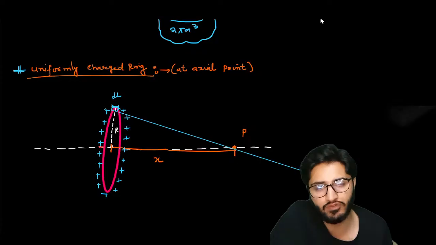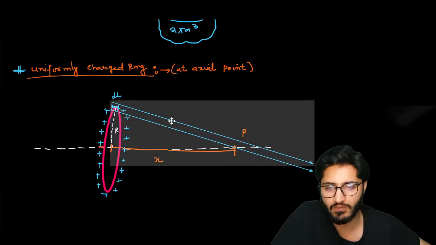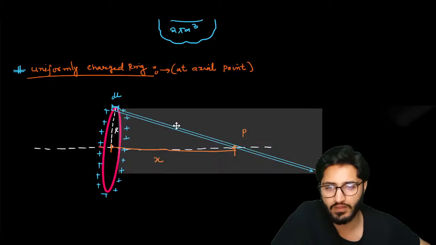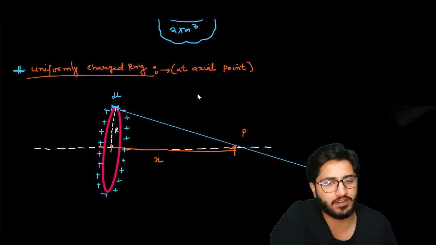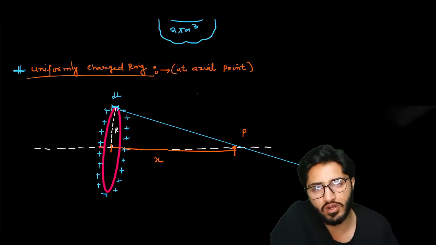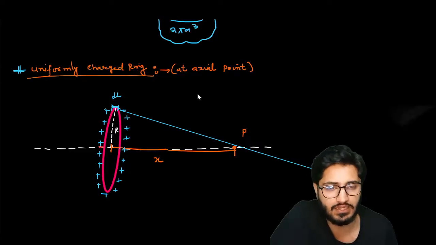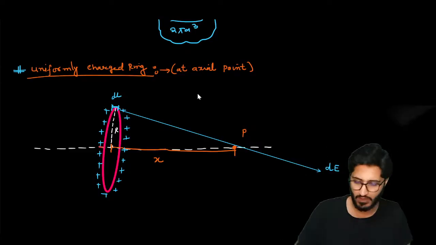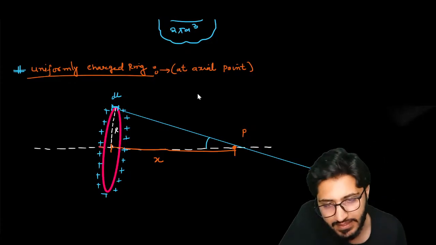So my electric field will be in this way. This is the direction of my electric field. So due to the small element, I will have a very small electric field. If this angle is theta, this one is also theta.